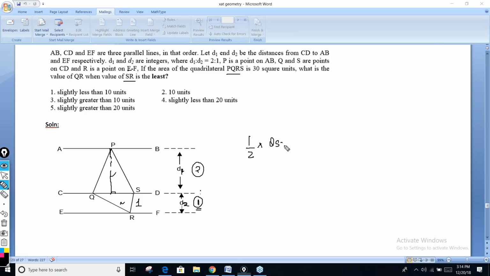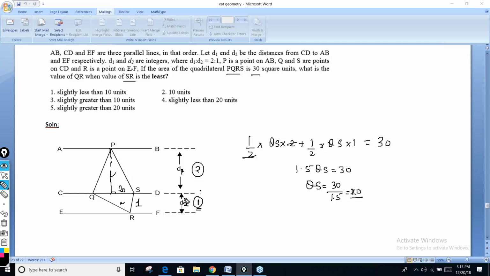Half base into height plus half base into height. That area is given as 30. So what do we get from here? That is half into 1.5 QS is 30. QS comes out to be 30 upon 1.5, which is, sorry, 20. So QS is 20.